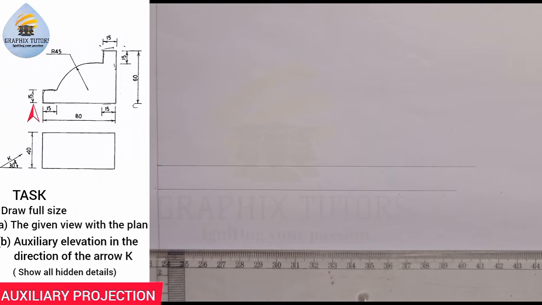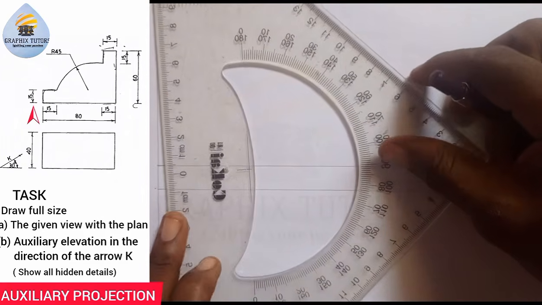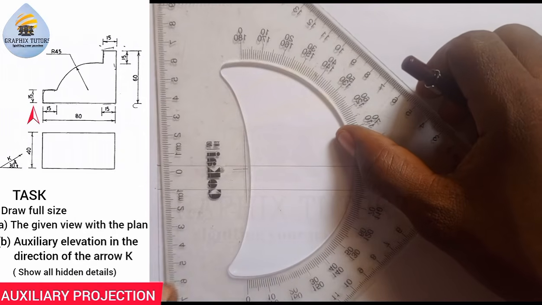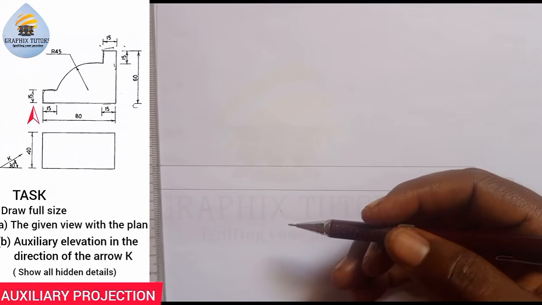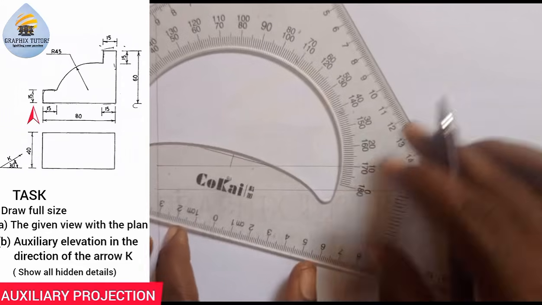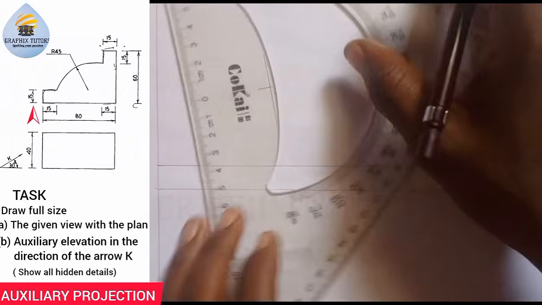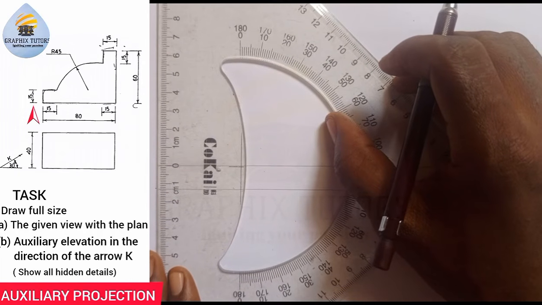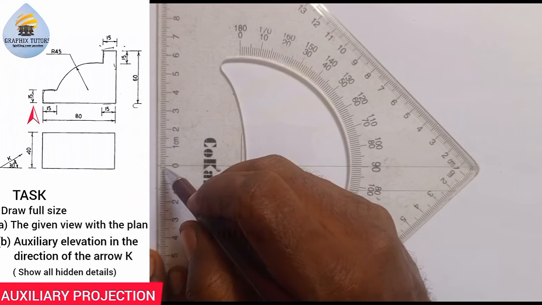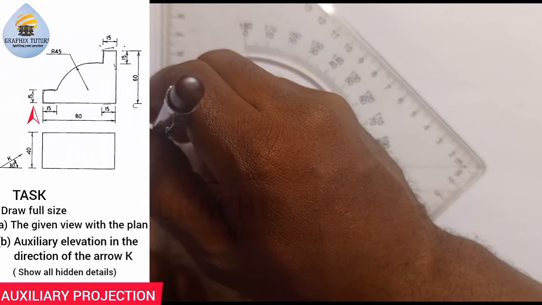So I'm going to measure 15 from here. So this is 15 here, from 0. Right, let me put it from this point. From 0, this is 0, 10, and this is what? 15.